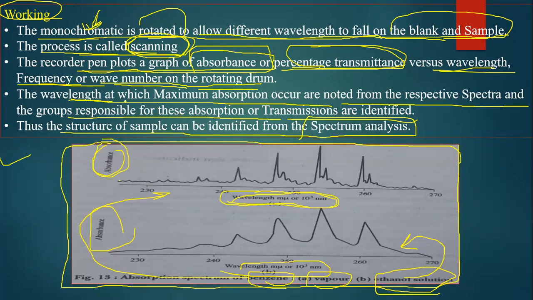The wavelengths at which maximum absorption occurs are noted from the respective spectra, and the groups responsible for this absorption or transmission are identified. Thus the structure of a sample can be identified from the analysis of the spectrum.